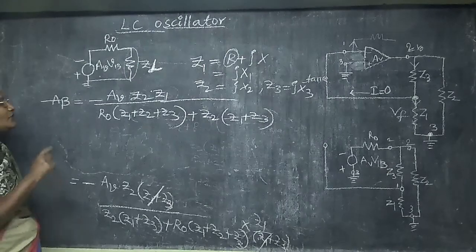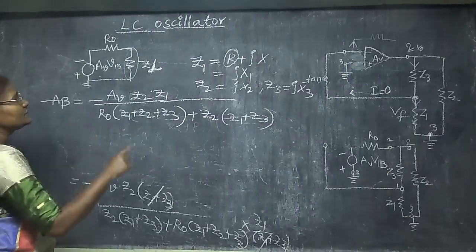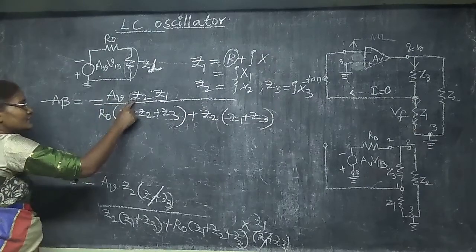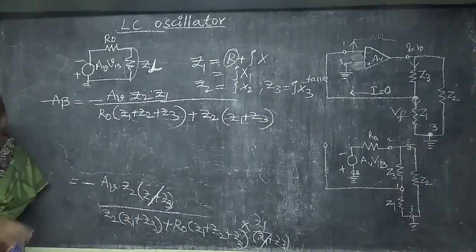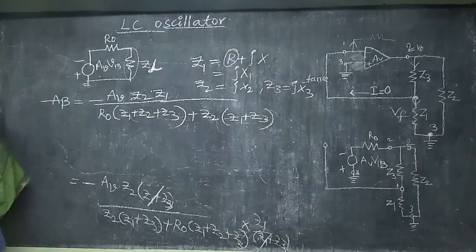Now we are going to substitute jX2 instead of Z2, and we will see next which type of oscillator will come.